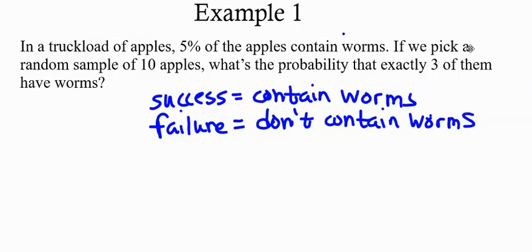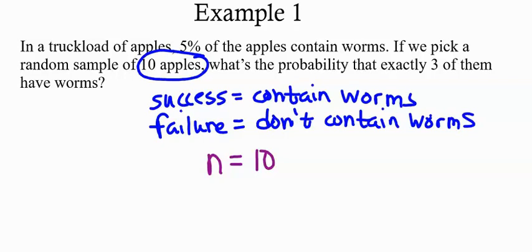Do we have a fixed number of trials? Yes. There's 10 apples. So n is going to equal 10. That's our fixed number of trials. All right. So if we pull out 1 apple, that doesn't affect the other apples. So we know they're independent.